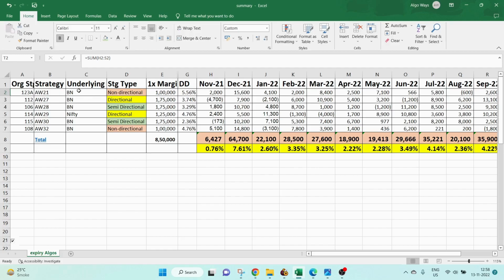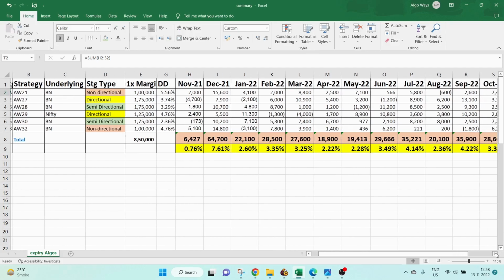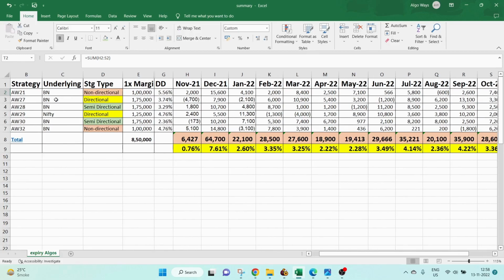Second one is AW27, which is again a Bank Nifty algo, and it does not have the inbuilt hedge, though we can separately buy the hedge if we want to reduce the margin.